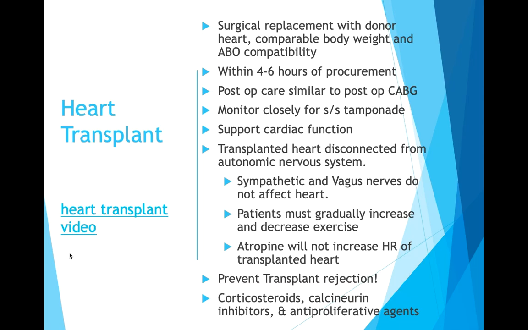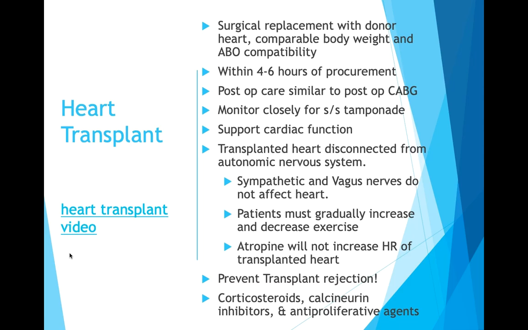And then, as the nurse, you need to keep in mind, and the recipients need to be educated, that their transplanted heart is disconnected from the autonomic nervous system. So they don't have sympathetic and vagus nerve reactions to their heart.